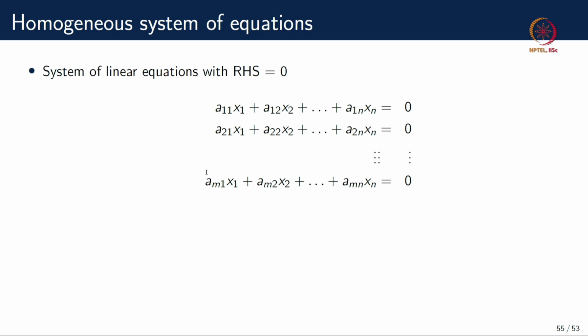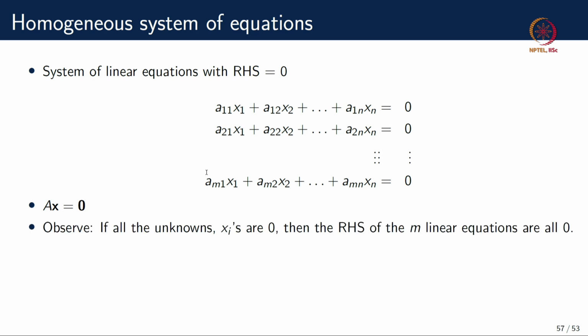In the matrix form, this is represented as Ax is equal to 0. We immediately observe that if all the unknowns xi's are 0, then the RHS of the linear equations will be 0. The solution where all xi's are 0 is called the trivial solution.